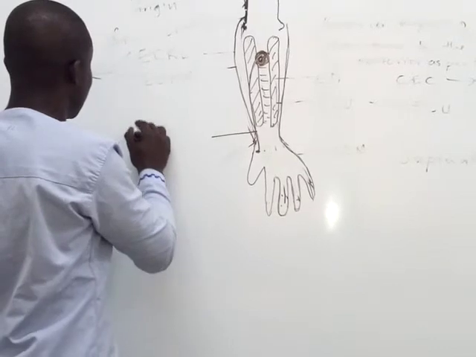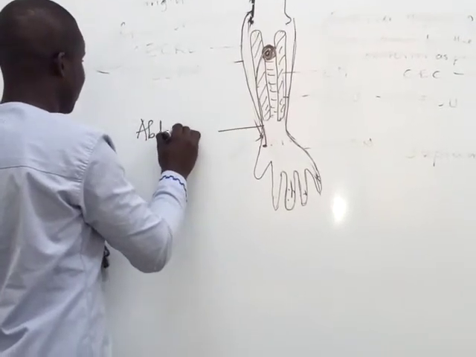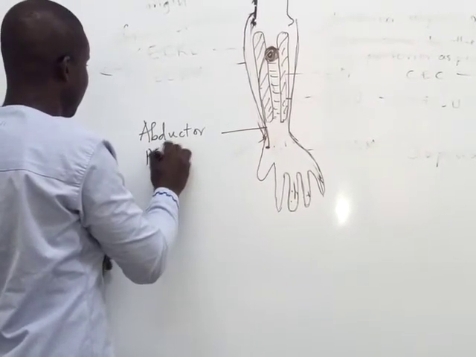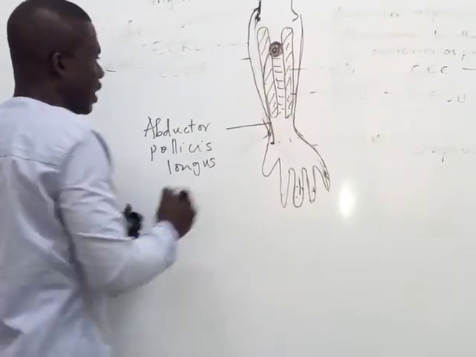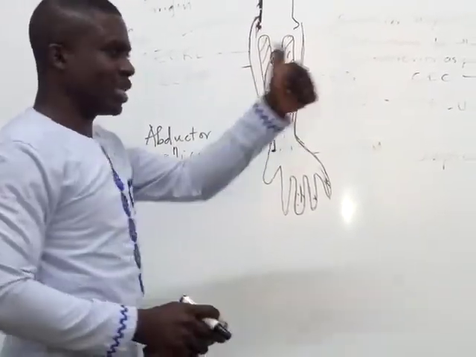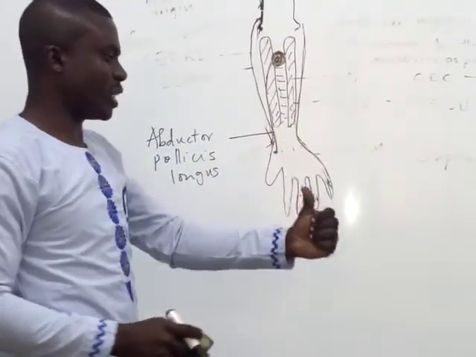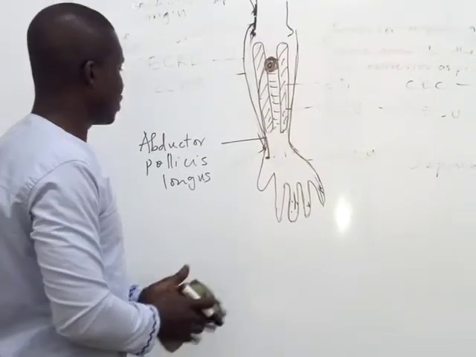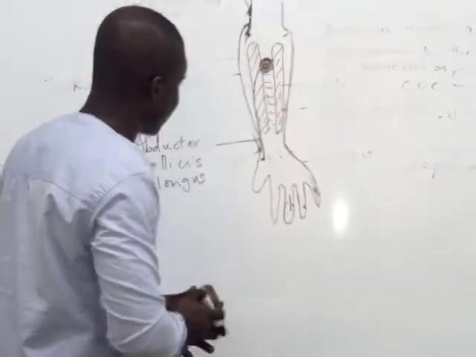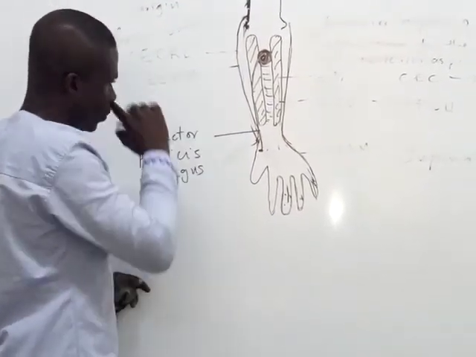Is known as abductor pollicis longus. Because the term is pollicis, so it's going to help abduct. Take it away. Abduct from the rest of the part. Abductor pollicis longus.